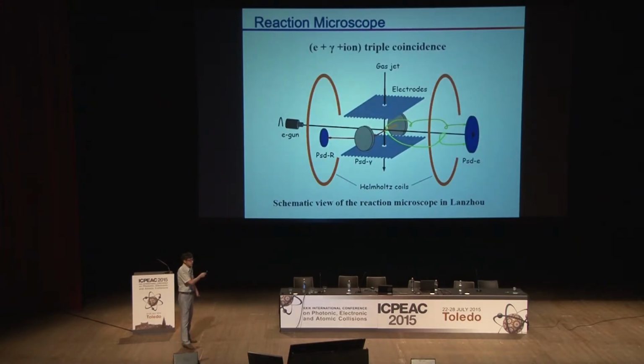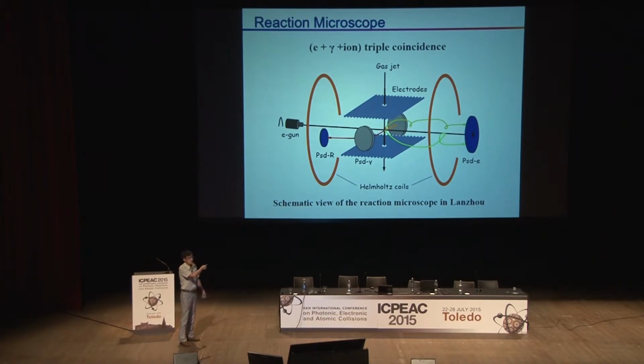In our experiment, we detect one electron, the helium ion, and the emitted photon in triple coincidence. And we could reconstruct the momentum of the other electron according to momentum balance. So this is our setup. A pulsed electron beam collides with the helium jet produced by supersonic expansion.